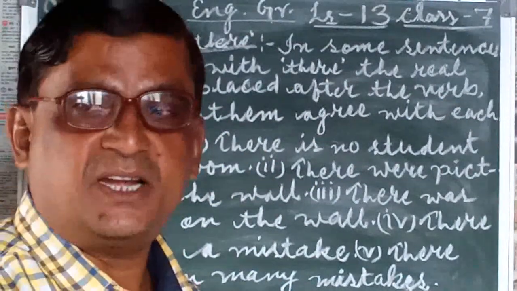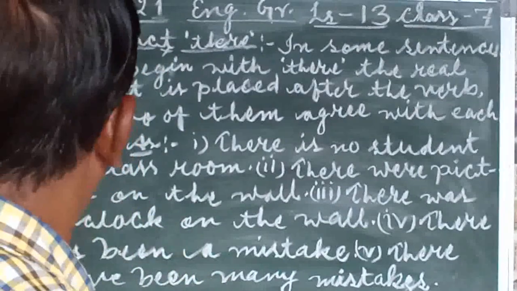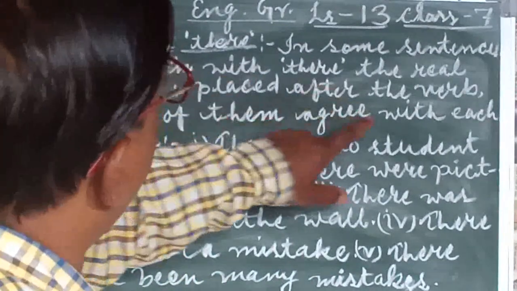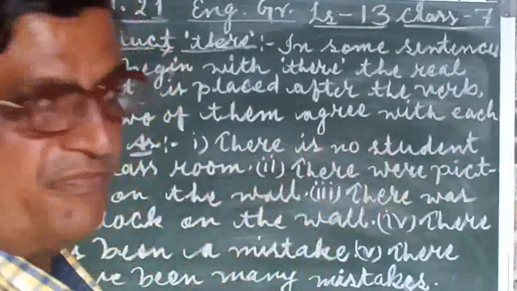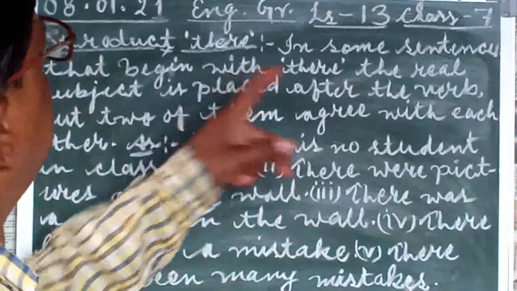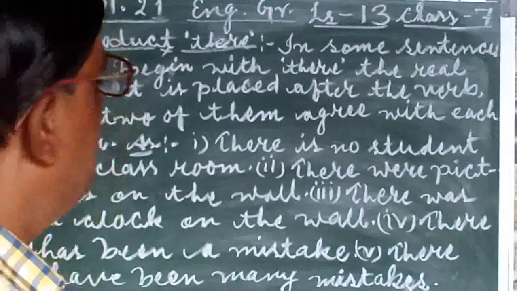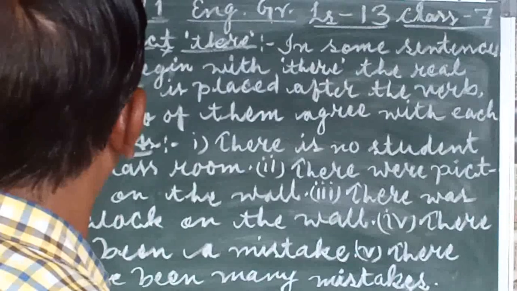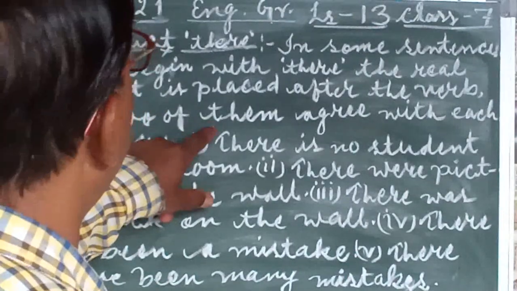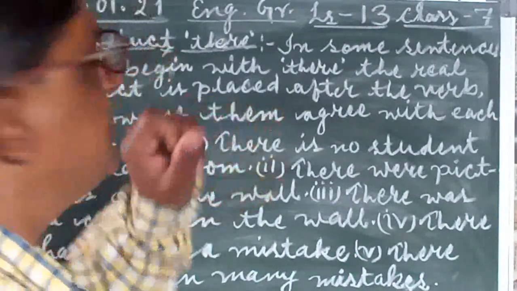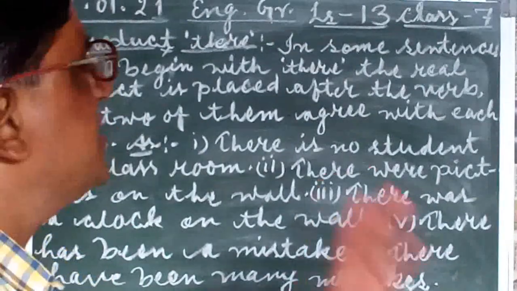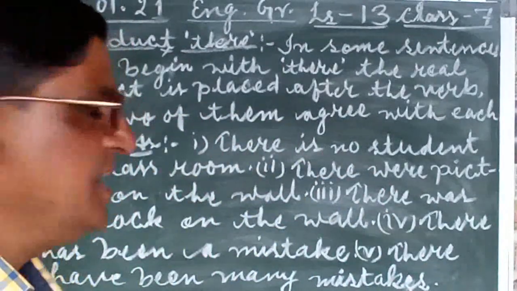The subject comes after the verb because of the introductory "there", but what is the similarity? They agree with each other. The subject and verb are in agreement.